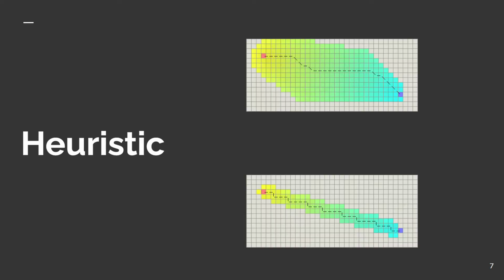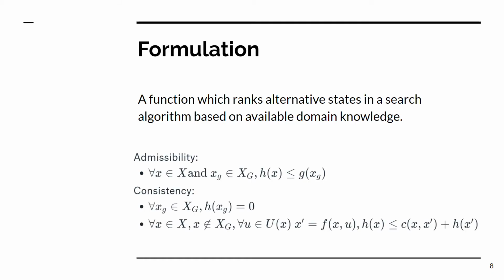Now let us talk a bit about formulation of the heuristic. In this context, we need a function that ranks the alternative states in a search algorithm based on the available domain knowledge. For any heuristic, it is essential that it satisfies two criteria: admissibility and consistency.